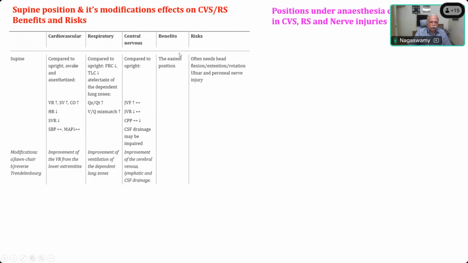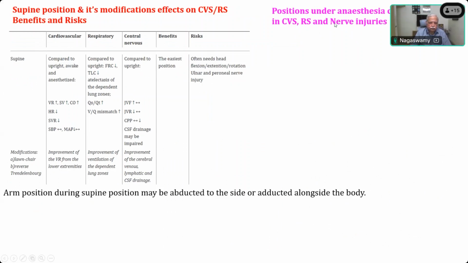And benefit: rest, easiest position. Often needs head flexion, extension, rotation; ulnar and peroneal nerve injury. Just like bullet points, if you write all these things, you will be able to complete the answer in a faster time. The common things that get affected in changing the positions are CVS, RS, and nerve injuries.